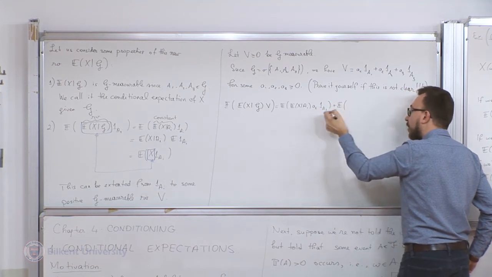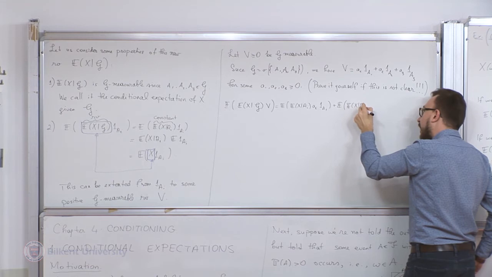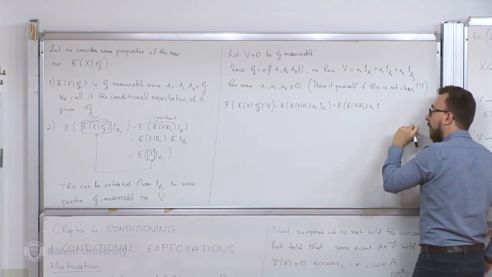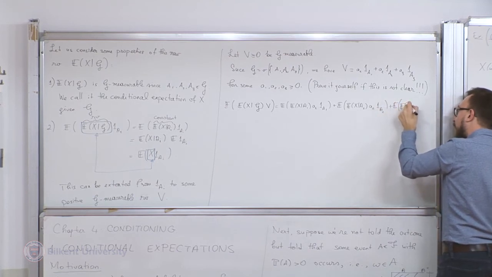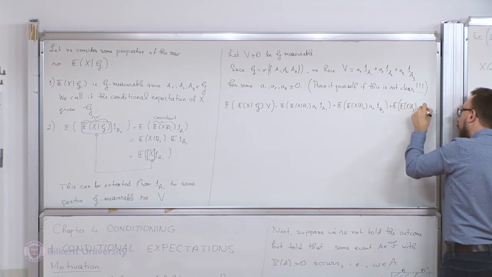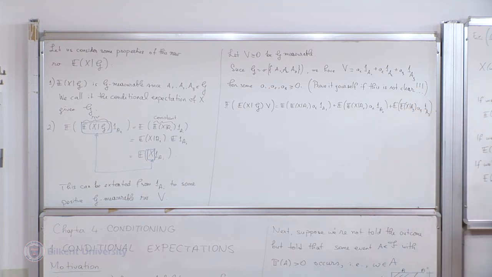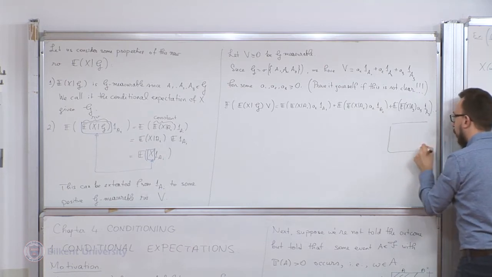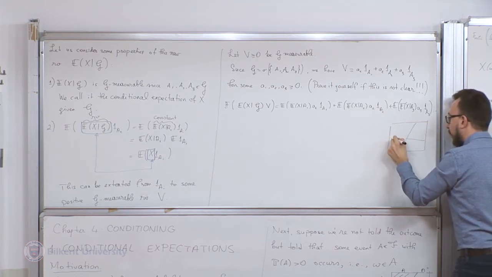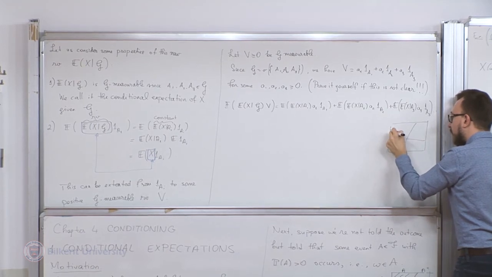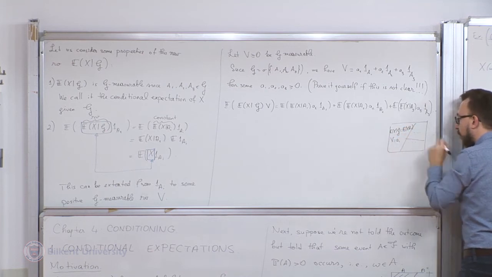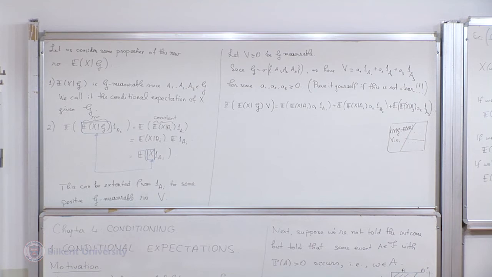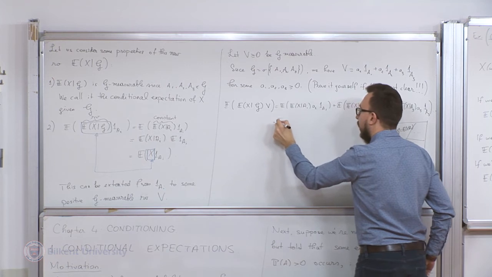I can look at these things on A2 where the values are this. So we have still indicator A2. And I can have those values on A3. So here V is a1, X given G is E[X given A1], and so on. So now these are all constants. So let's take them out.